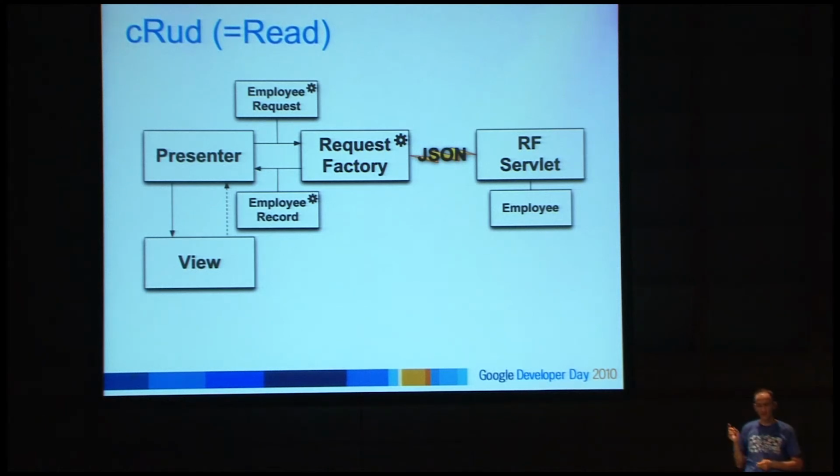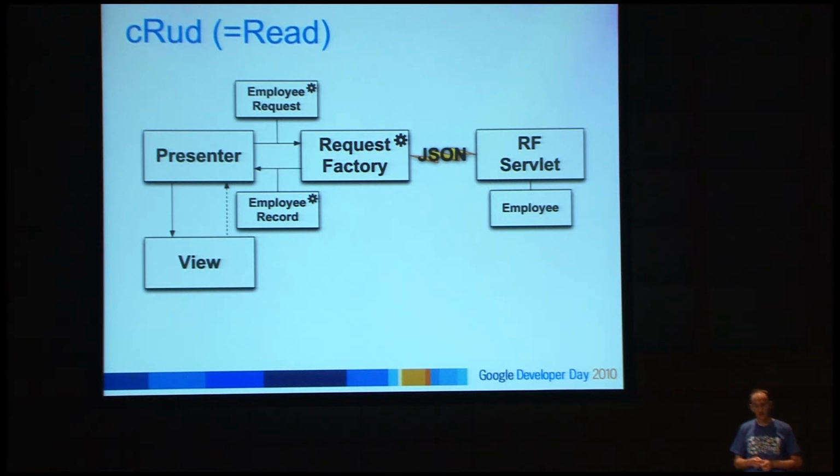Now you see here, there is something called an employee request. This is an automatically generated class. And many of these classes will be generated for you for the different types of queries that you might do, for example, query by first name or query by ID. The request factory is also generated automatically for you.